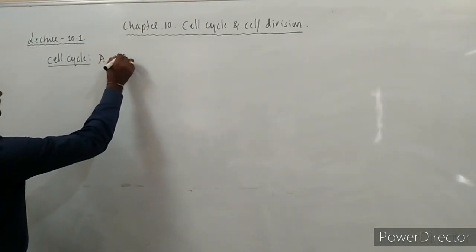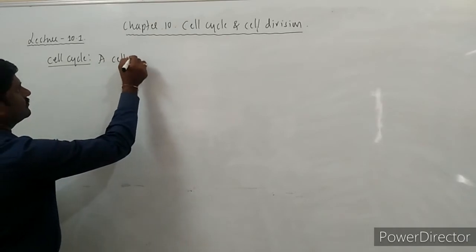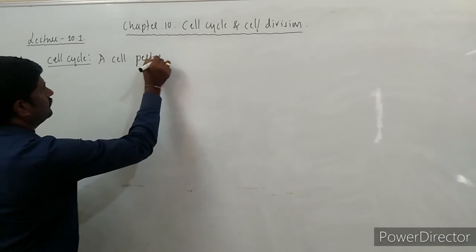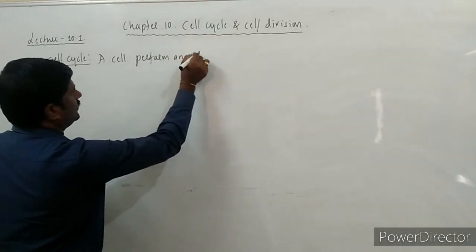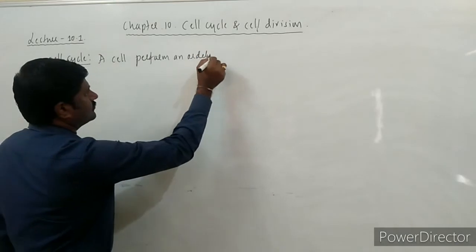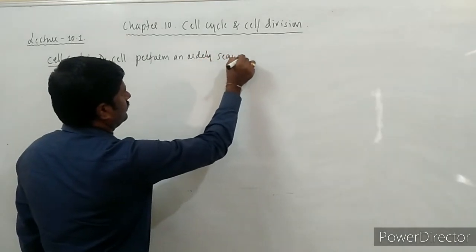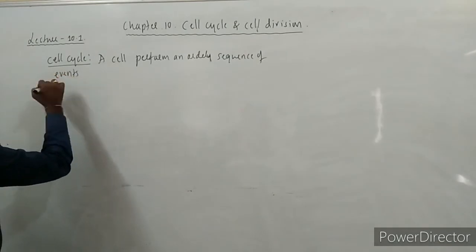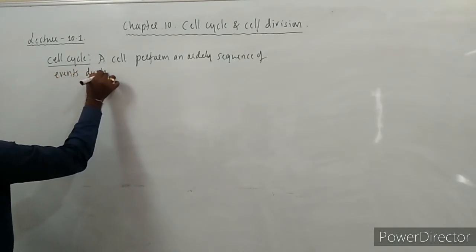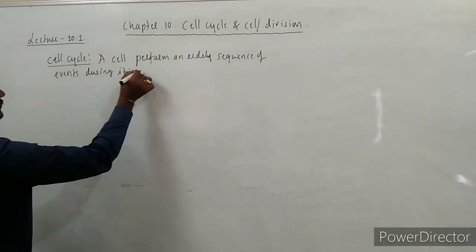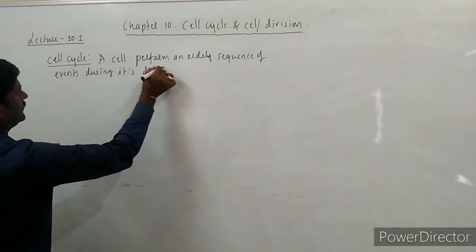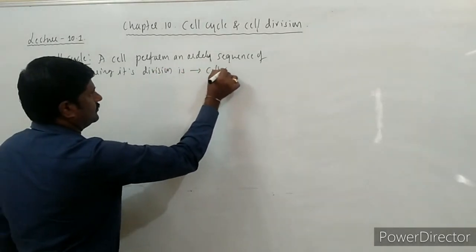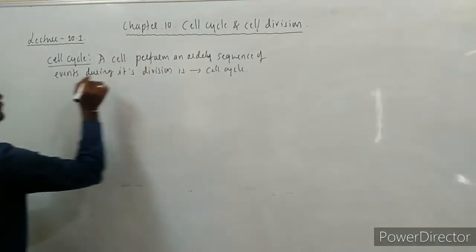A cell performing an orderly sequence of events during its division is nothing but the cell cycle itself.